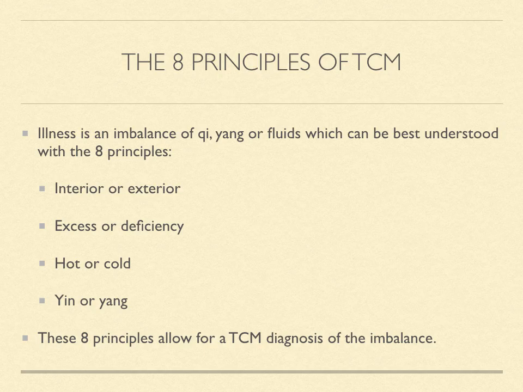For TCM, illness is imbalance, but it's not enough to say that, and they recognized that back then already. So they tried to characterize it more by reducing it into an imbalance of qi, yang, or fluids, or yin. And the imbalance can be better understood if we break it down further into an imbalance of interior or exterior.